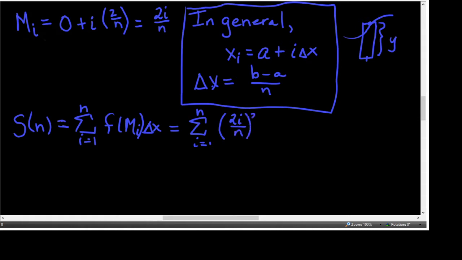So we're going to square that, and so there's our function for the x value, capital M sub i, multiplied by delta x. So doing some algebraic simplification, that's 4i squared over n squared.